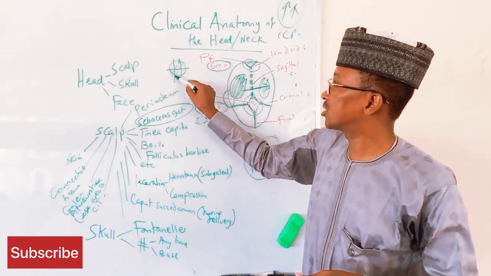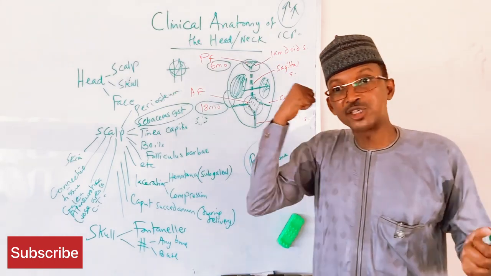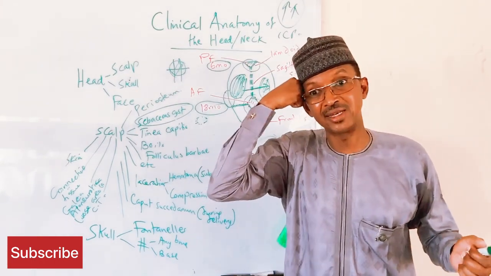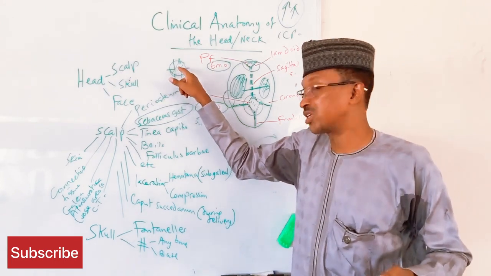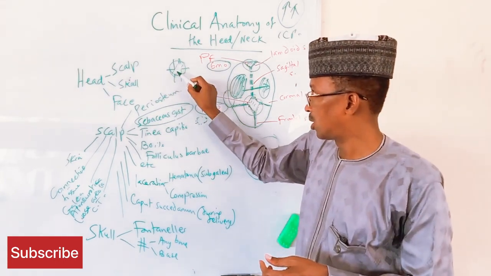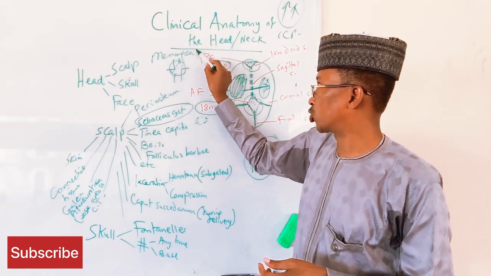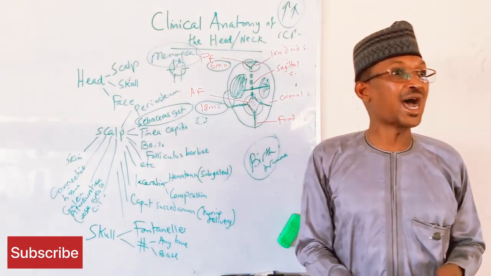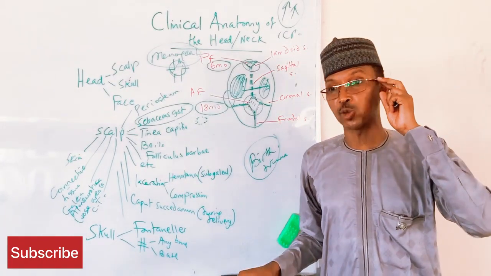So once you keep passing a blow on this side, this area where the 4 bones unite can get fractured. And deep within it, there is what you call the meningeal branch of the maxillary artery. Maxillary artery, they are the 2 terminal branches of the external carotid artery.